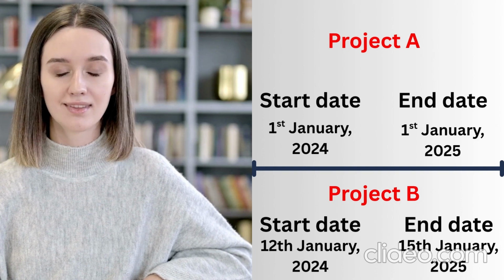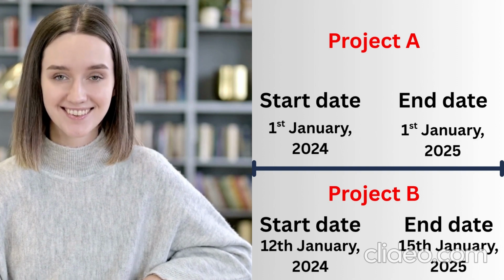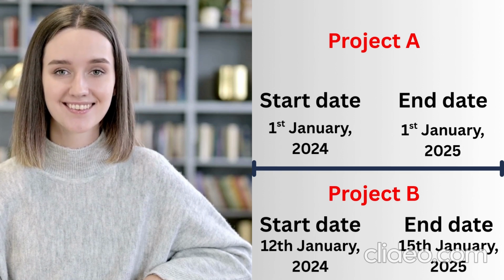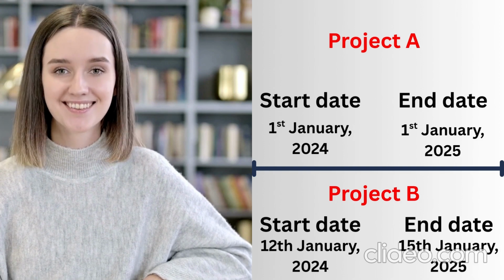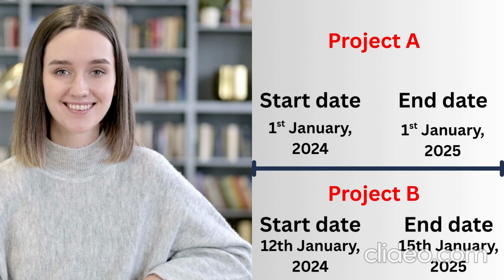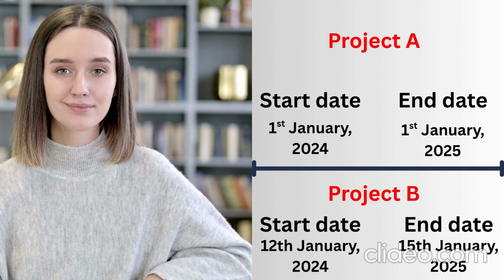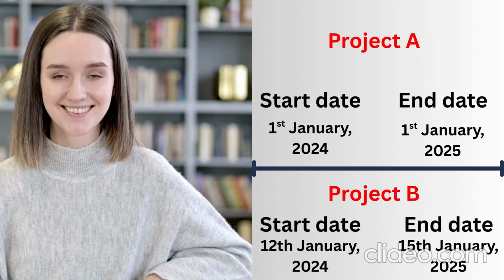If there is another project whose start date is 12 January 2024 and end date is 15 January 2025, this would be considered an overlap. You can't fill both project experiences. You have to choose any one and fill only one detail.